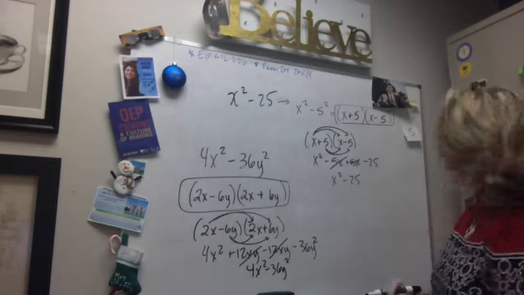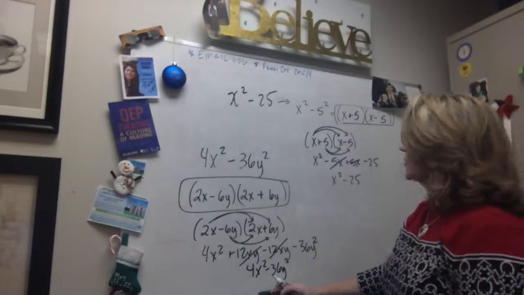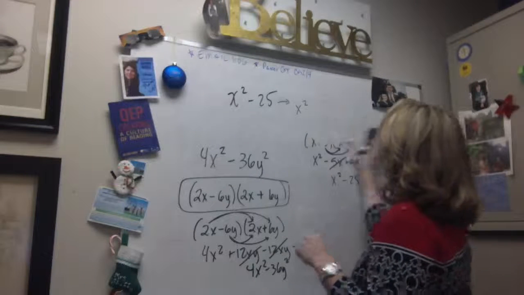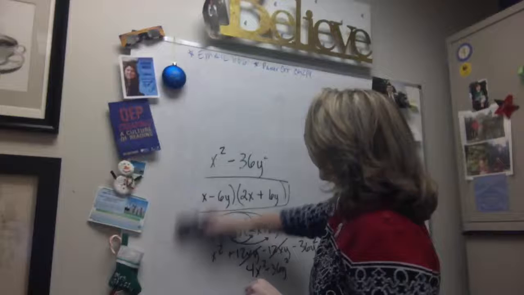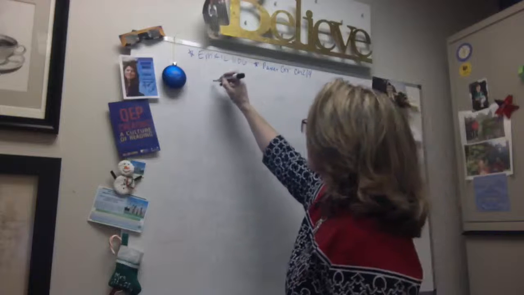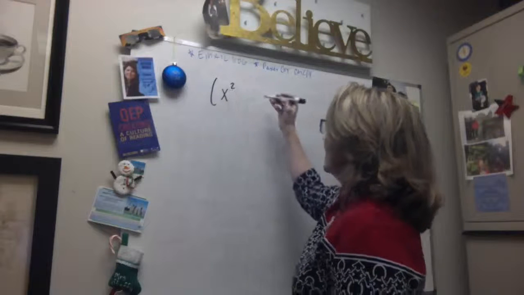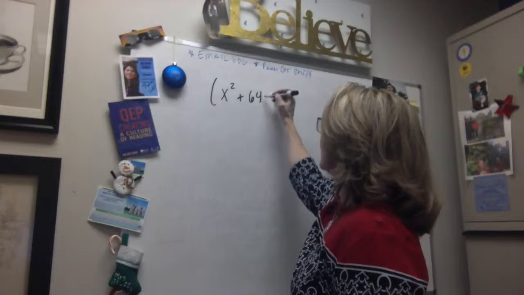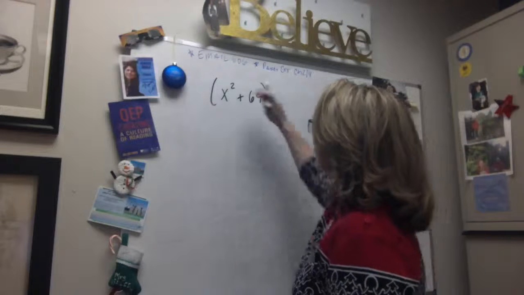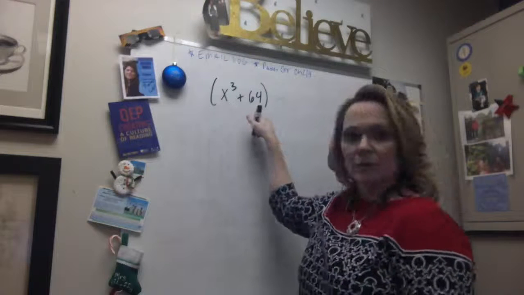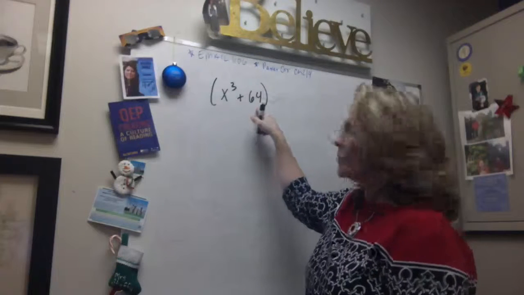Okay. When we take a look at the other two types of factoring, it's not going to be a difference or sum of squares. It's going to be dealing with cubics. Remember, with squares, we can only do differences, not sums. When we take a look at this, I want you to start with x cubed plus 64. All right, so here we've got a cubic and another cubic, and it really helps to write these in cubic form to begin with.